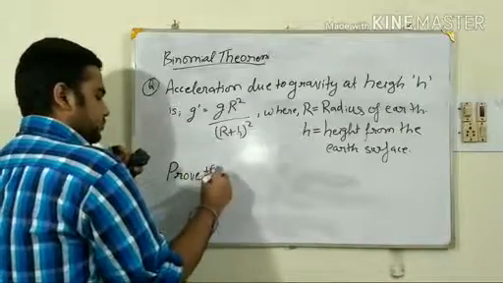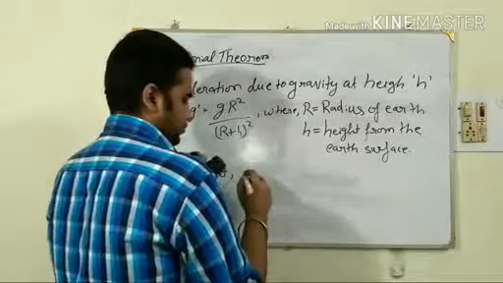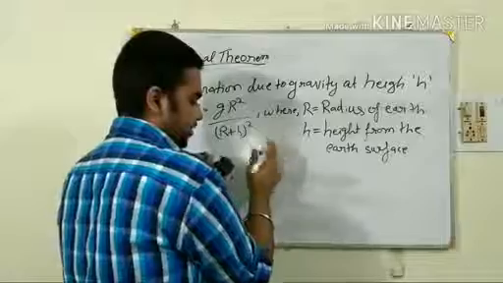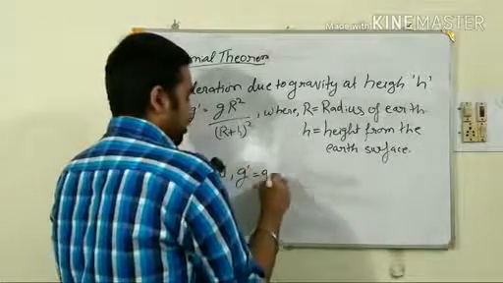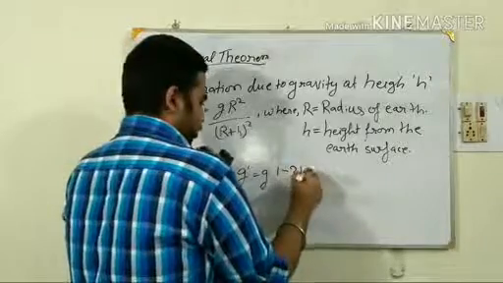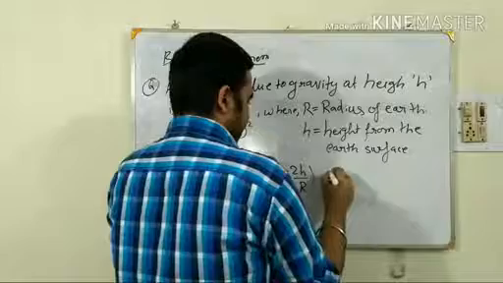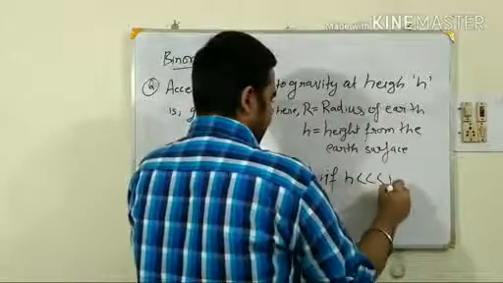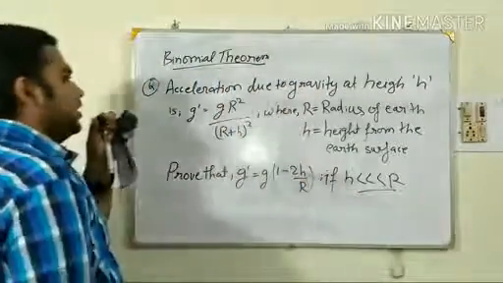Prove that, now we will use the binomial theorem to prove an expression: g dash is equal to g into 1 minus 2h upon R, if h is very less than R. Let's see the question once again.